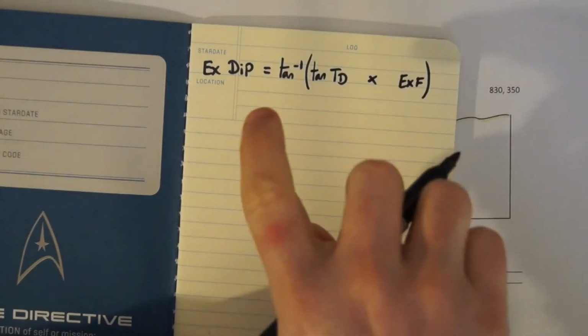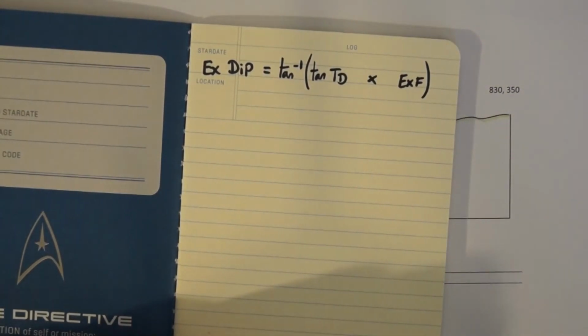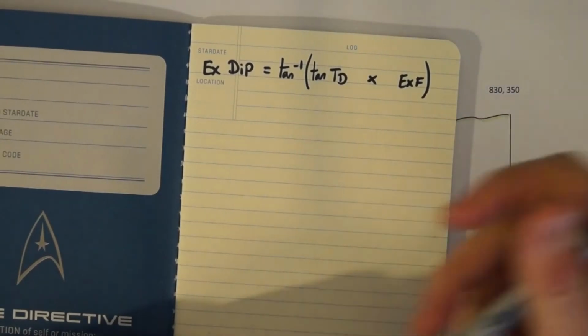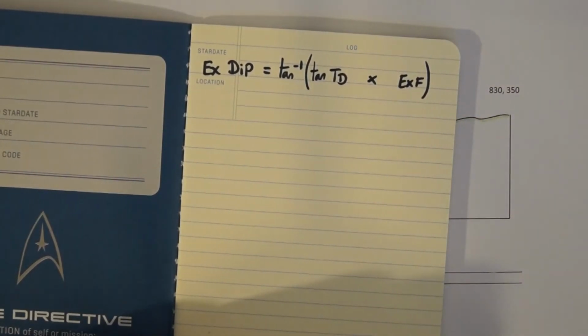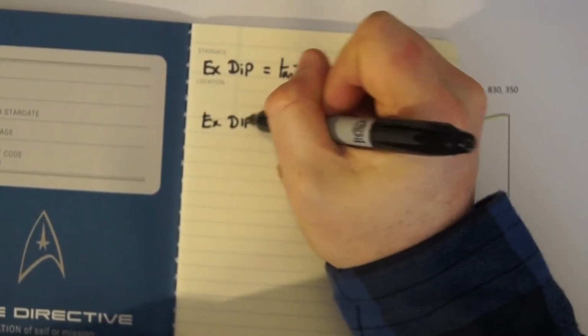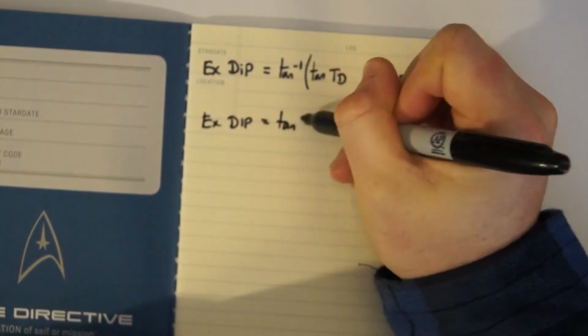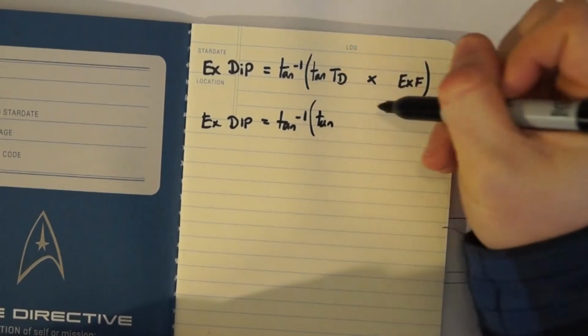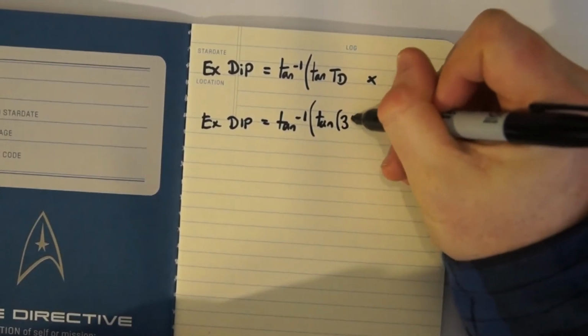Okay, so what we can do is substitute our values into this equation and solve the exaggerated dip. You guys hopefully remember from question 5, the previous question in this lab, that the true dip of the dike, we've calculated as being 36 degrees.